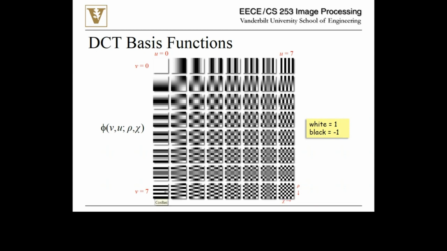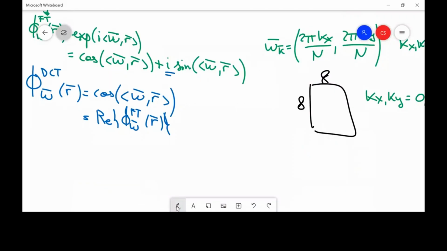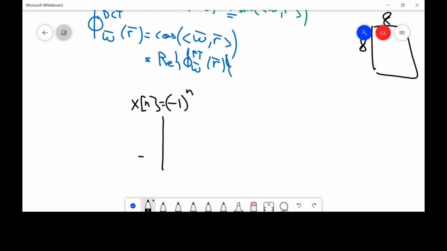So in one dimension, the fastest discrete signal you can have is (-1) to the power n, the signal that goes 1, minus 1, 1, minus 1.